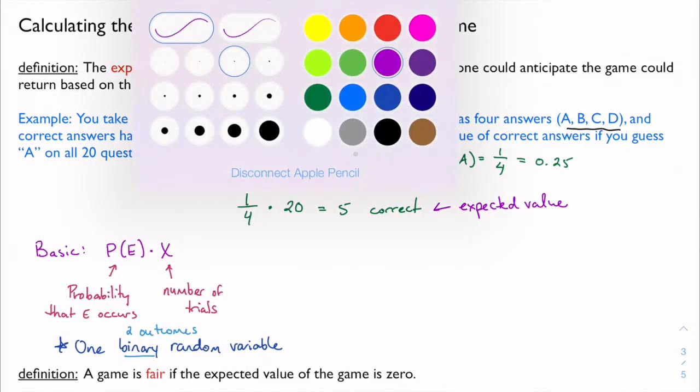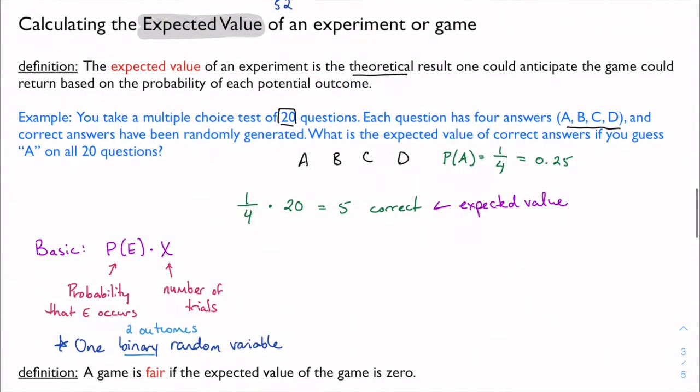If we were to make this a little more complicated, maybe if I have multiple outcomes or multiple events, say, I would really just take all of these probability times x's and add them all together. So we're going to write it this way. We're going to write it as the sum of all of my P of E times x's.